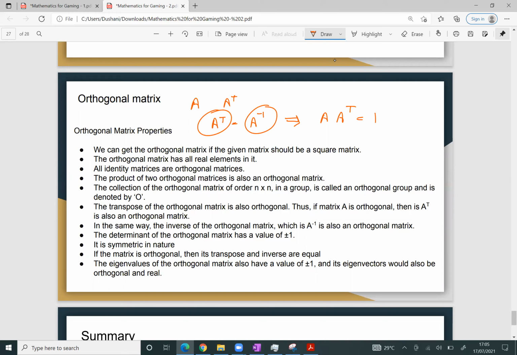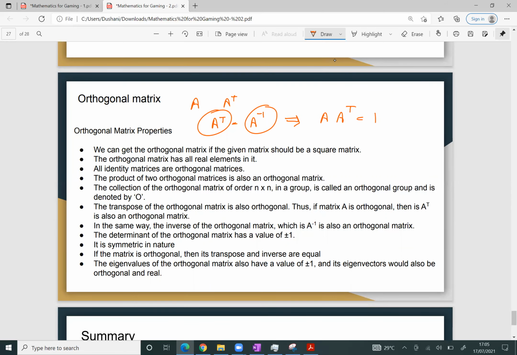Okay, so all identity matrices are orthogonal matrices. The product of two orthogonal matrices is also an orthogonal matrix. The transpose of an orthogonal matrix is also orthogonal. The determinant of an orthogonal matrix has a value of plus or minus 1.